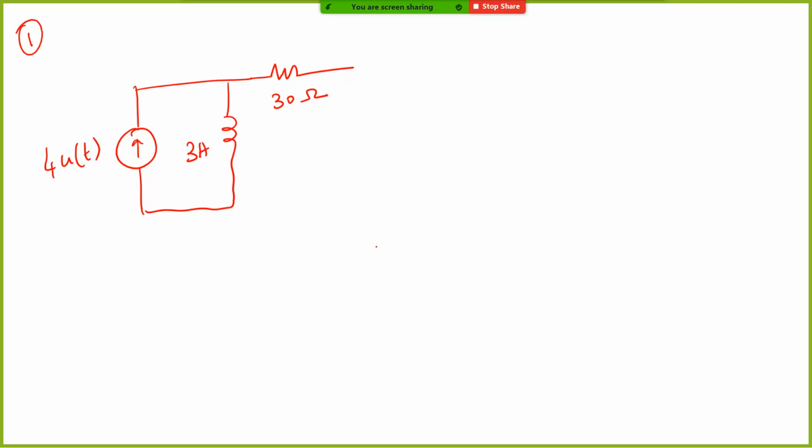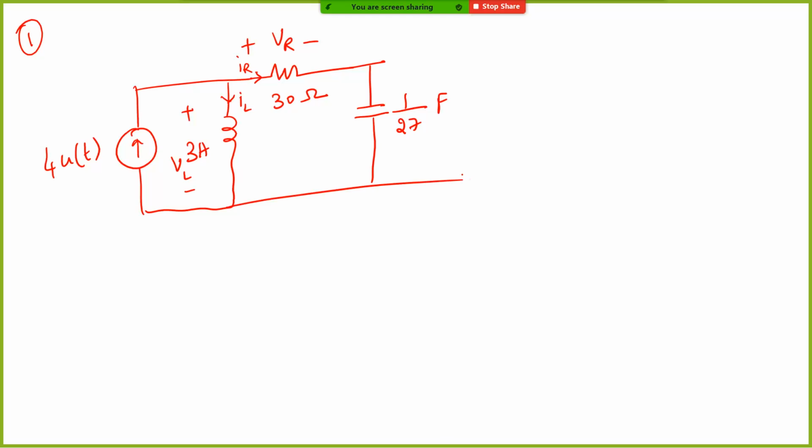And this is defined as the resistor's voltage, and this is defined as the inductor's voltage. This is the inductor current. This is the resistor's current. Okay, and this is 1 by 27 farads, and obviously this is VC, this is IC, and you have a 5 ampere constant current source.